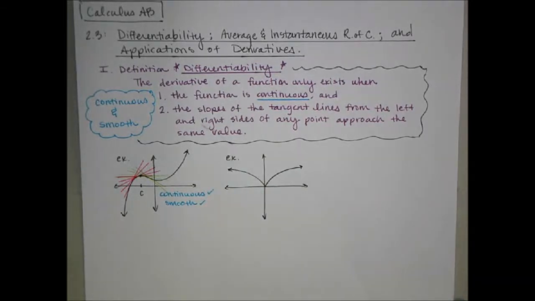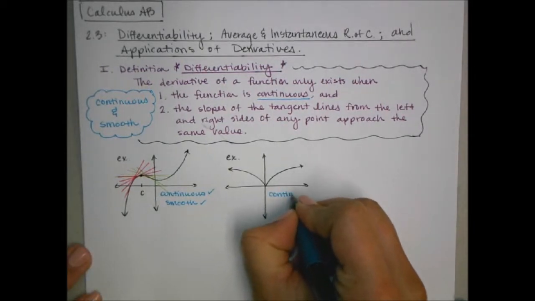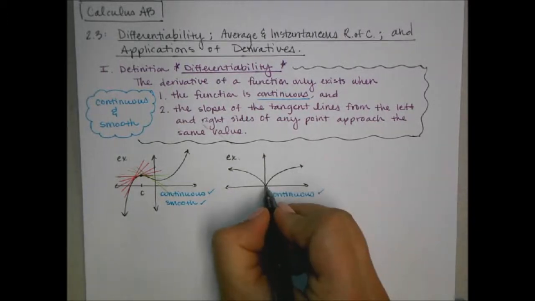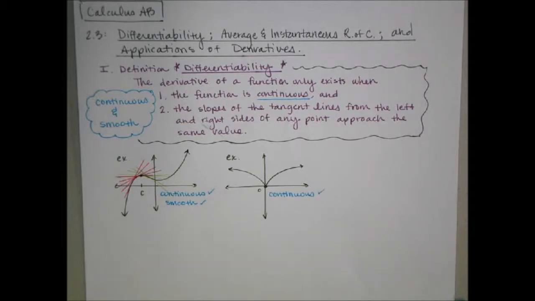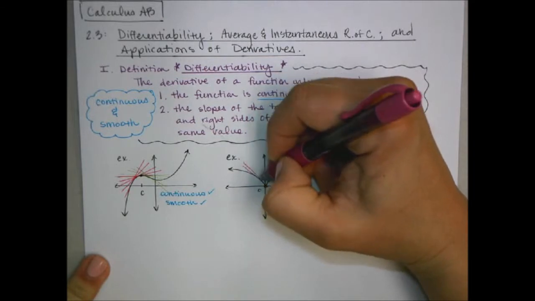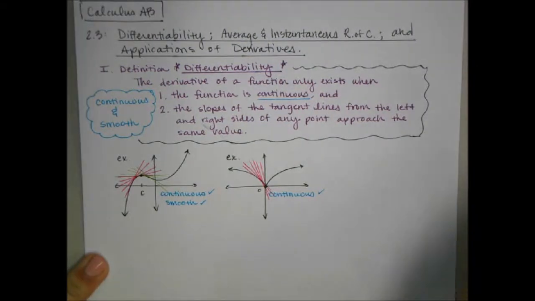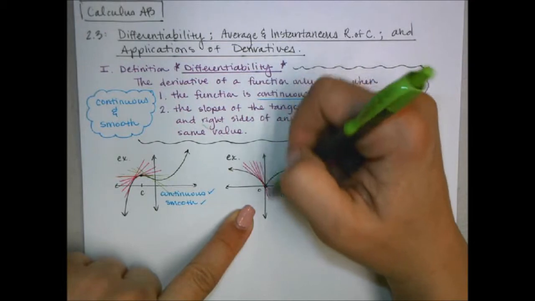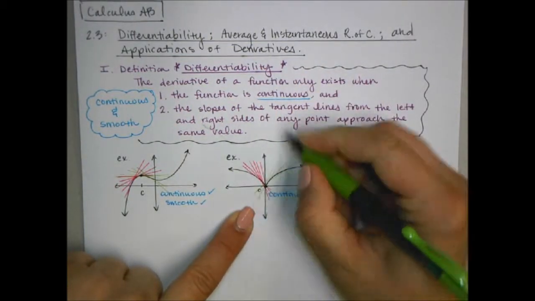So another example. This function is continuous. Let's look at specifically this point right here on the origin. It's not smooth. If we look at our slopes coming in from the left, they're negative slopes. These ones over here will be positive, more and more and more positive.